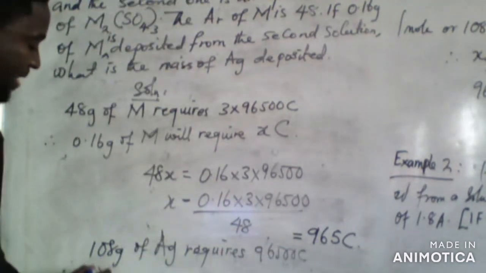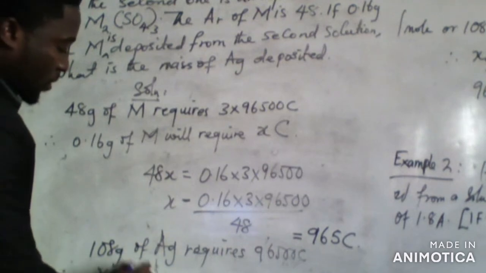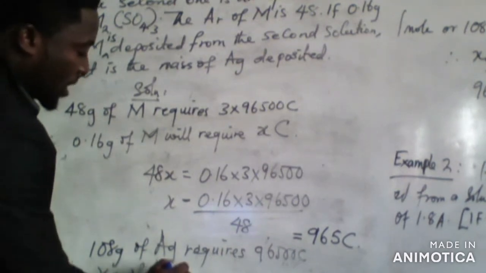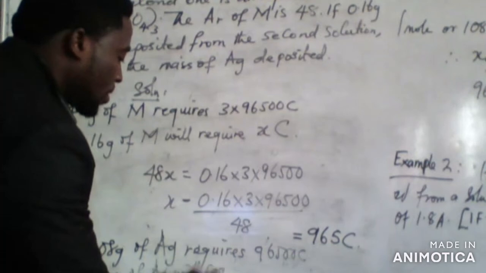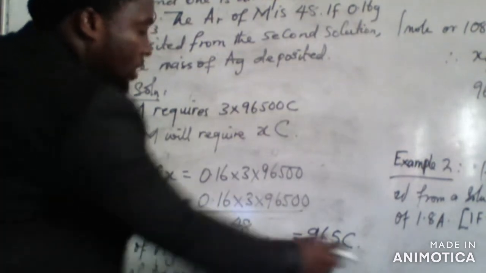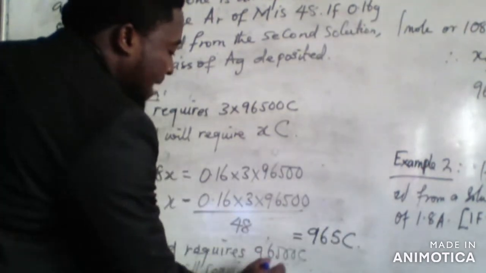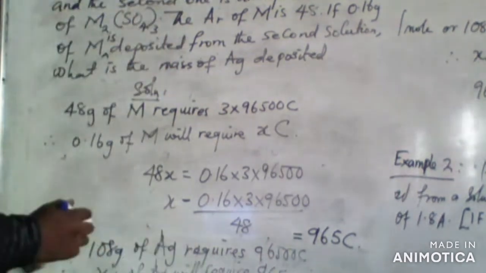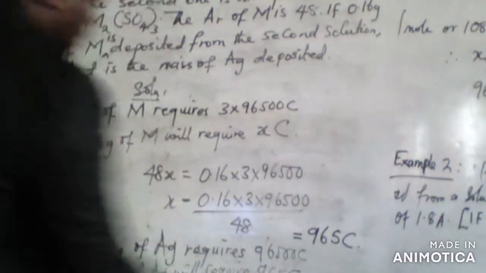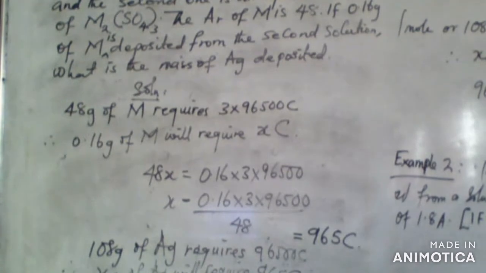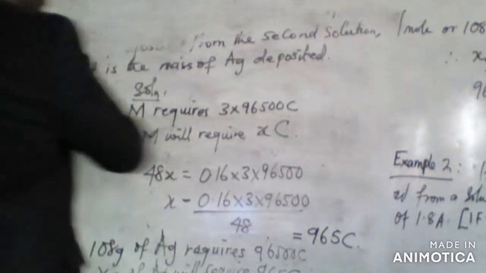Therefore, x grams of silver, which is the one we're looking for, will require this quantity of electricity that was supplied, which is 965 coulombs of electricity. So when I cross multiply, I'll get the value of x.